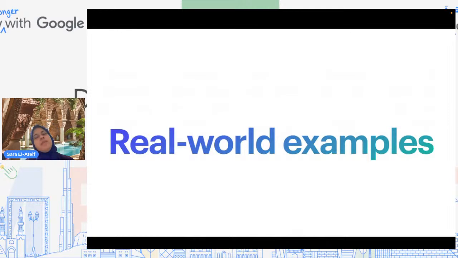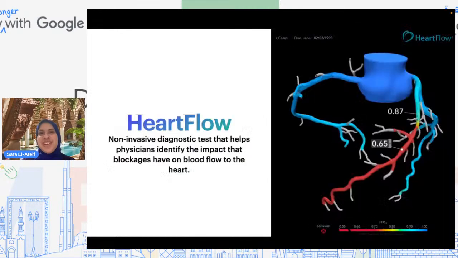Now let's check out some real-world examples. We have this amazing tool called HeartFlow. It's a non-invasive diagnostic test that helps physicians identify the impact that blockages have on blood flow to the heart. Practically, people who have heart diseases sometimes have blockages in the tubes that you see.